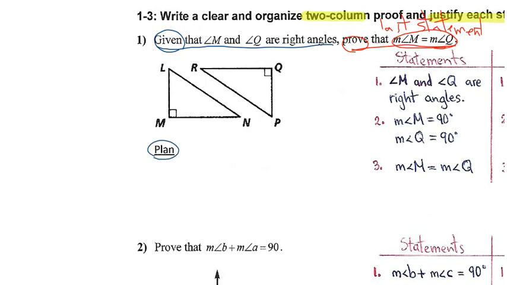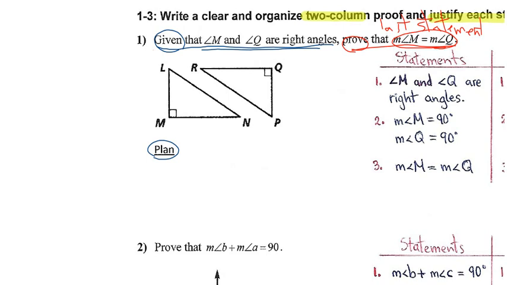And in our first proofs, we usually write the plan, but eventually you should be able to do the plan mentally and then just write the proof. But since this is our first time, we're going to plan the proof. So we start with the information given. What do we have? We have this, and I'm going to write it down.